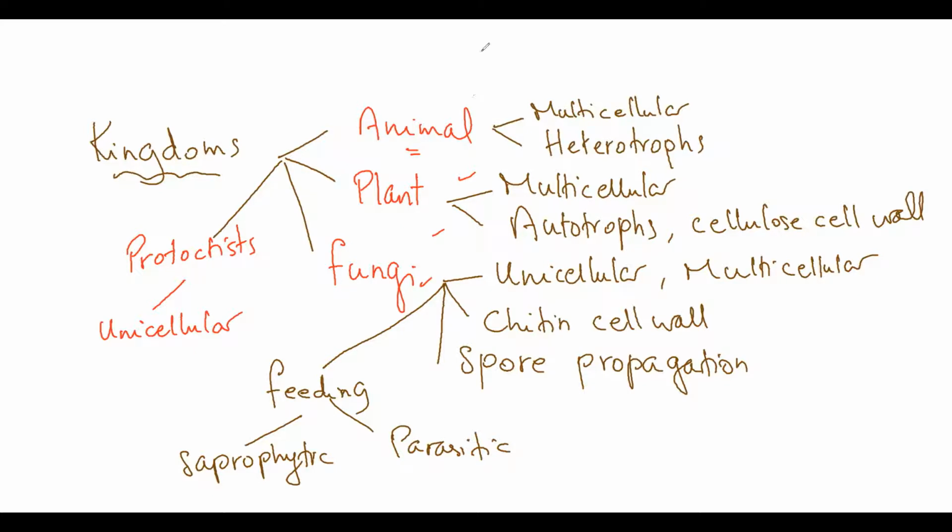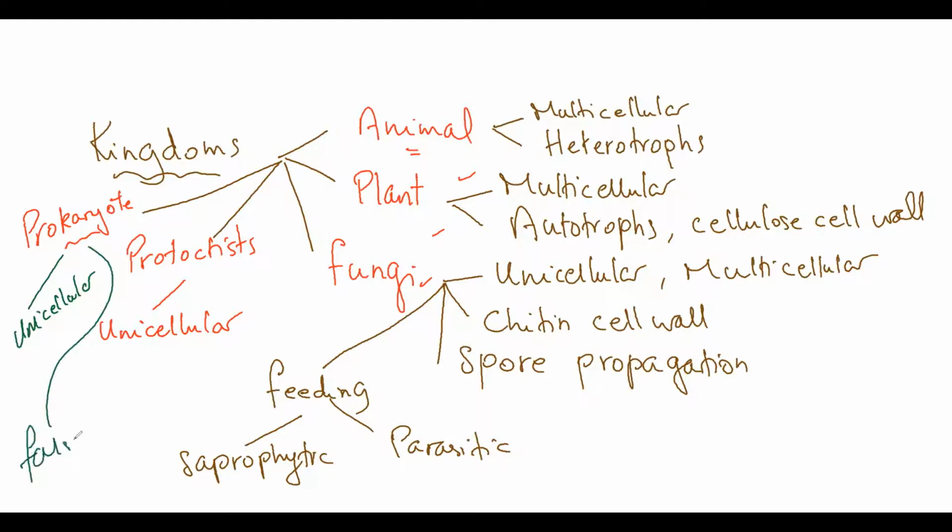The last kingdom is kingdom prokaryote, like the bacteria, for example. And these are organisms that are, of course, unicellular, but they do not have a nucleus. We say that their nucleus is false.